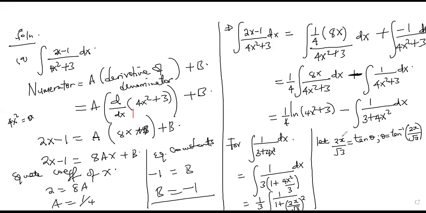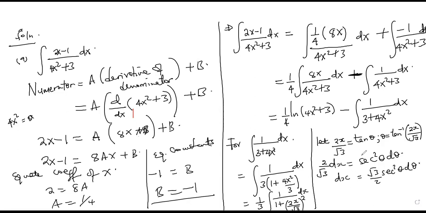When you differentiate both sides, you get 2 over root 3 dx equals sec squared theta d theta, implying that your dx is going to be equal to root 3 over 2 sec squared theta d theta.